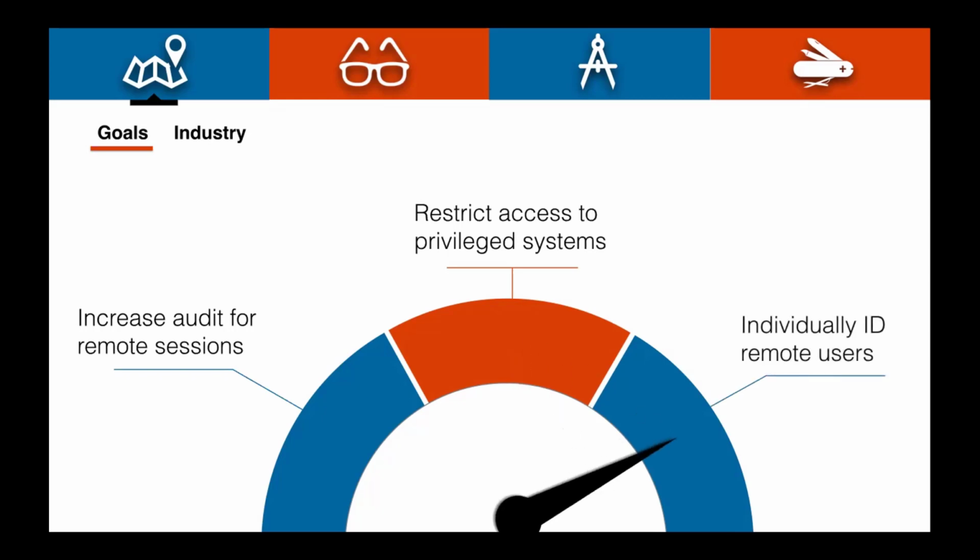And then individually identifying remote users. Our research showed that the average organization has 67 unique vendors who might need access on any given occasion.